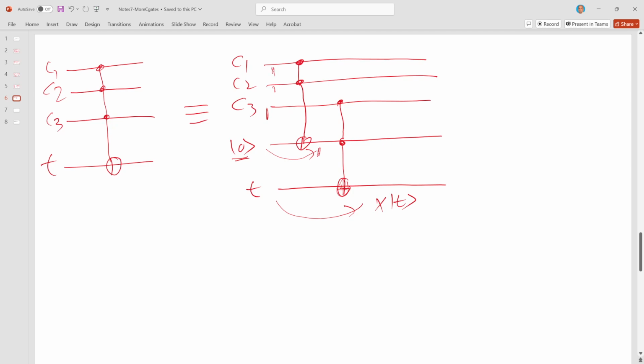If one of these is 0, say this is 0, then this 0 will remain 0 and this gate will not be active. And if this is 0, even if both of these are 1, this Toffoli will not be active. And since this ancilla has been changed, we have to make sure that the ancilla is flipped back, because we might want to reuse this ancilla somewhere later on.